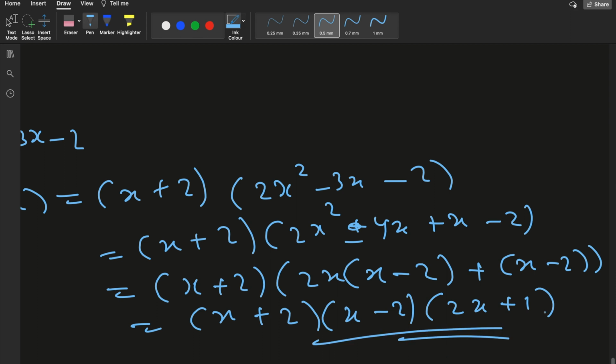So this is our final answer. We have written this in the form of linear products.